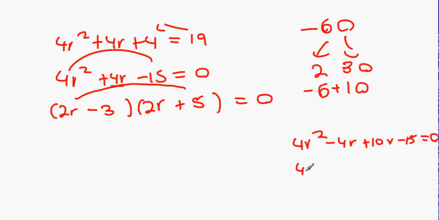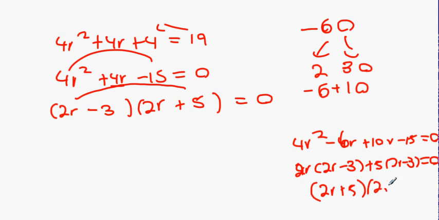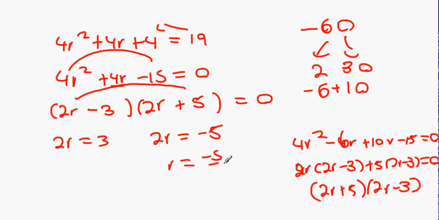Then you would have got 2r into 2r minus 3 plus 5 into 2r minus 3 equals 0. And then you would have got 2r plus 5 into 2r minus 3. That's another way of doing it. Now we have 2r equals 3, or 2r equals minus 5, r equals minus 5 over 2, r equals 3 over 2.